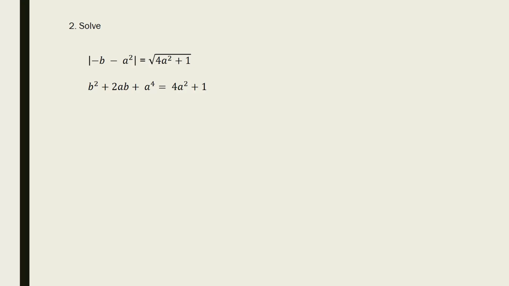If we take out the square root, it will be b squared plus 2ab plus a to the power 4 equals 4a squared plus 1, and a to the power 4 plus 2a squared (b minus 2) plus b squared minus 1 would equal 0.